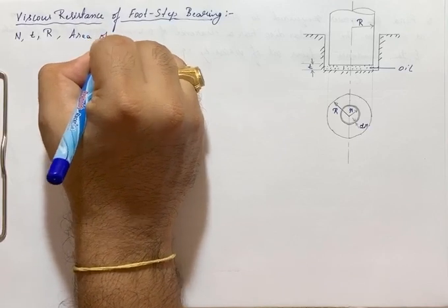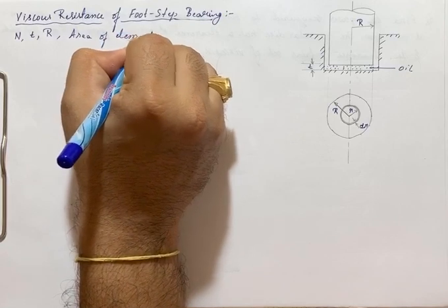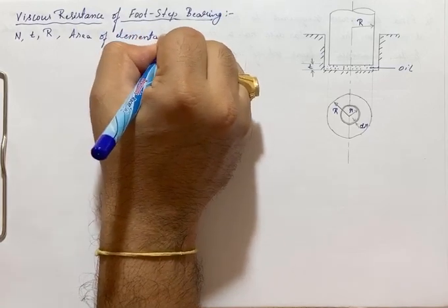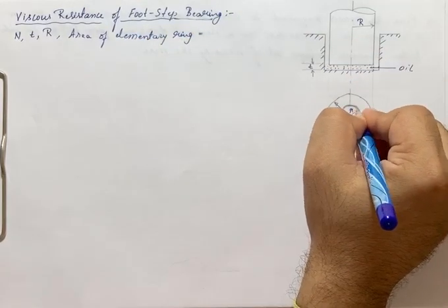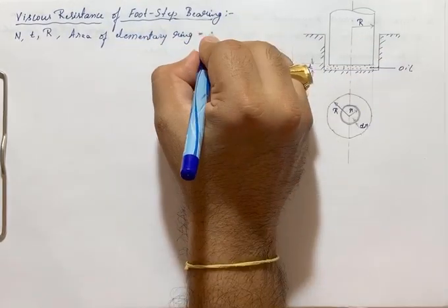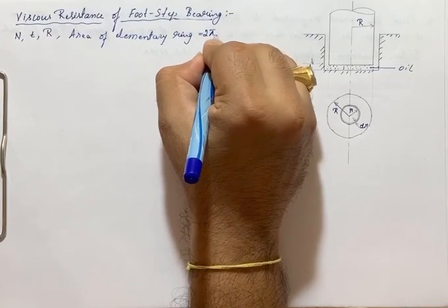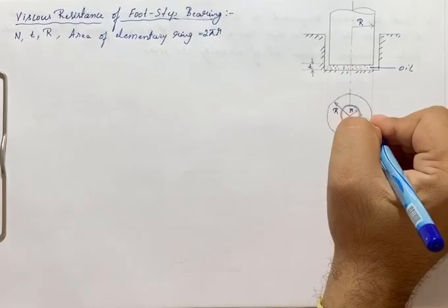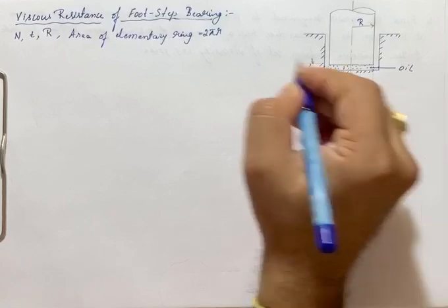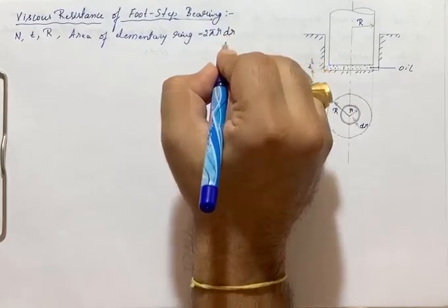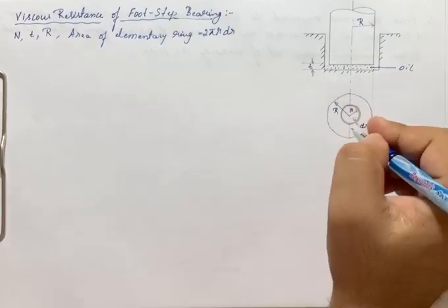The area of the elementary ring: the circumference of this circle is 2 pi r, into this distance dr. So 2 pi r dr is the elementary area of this ring.